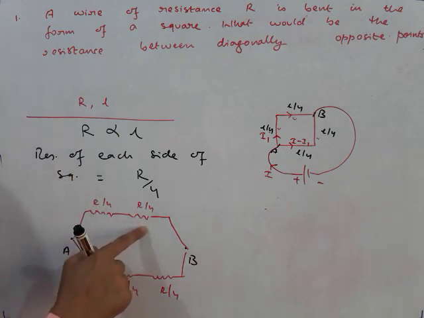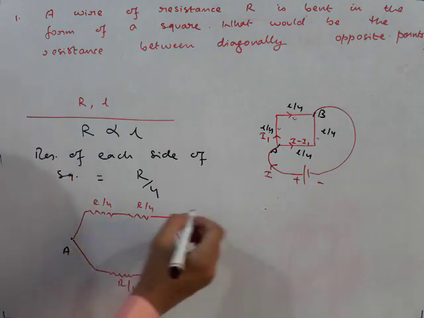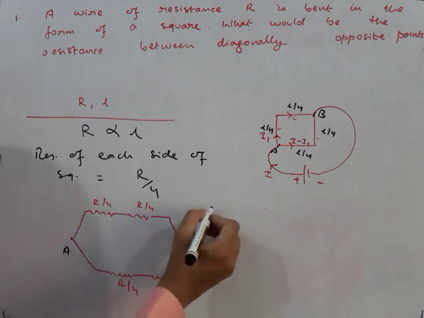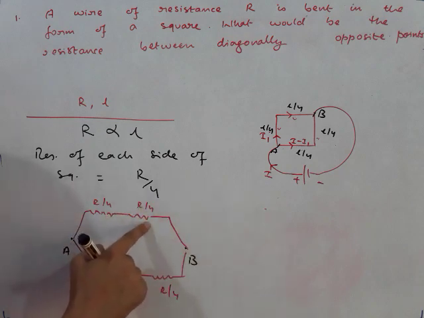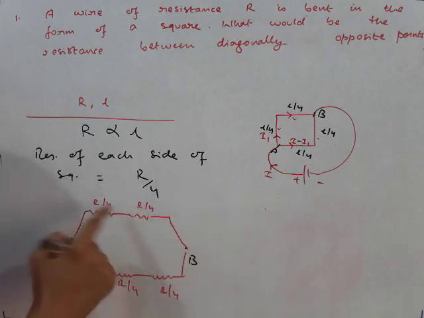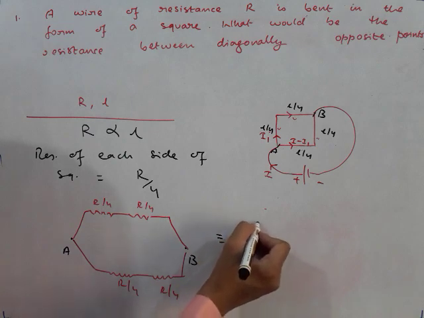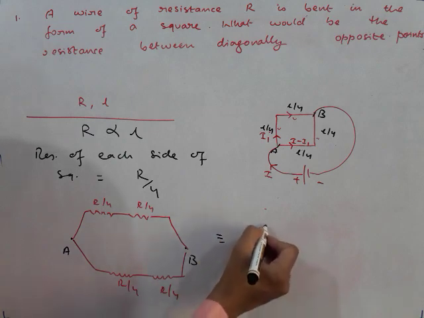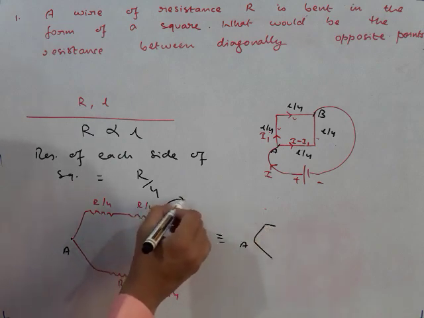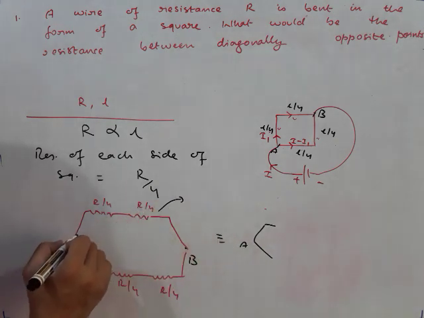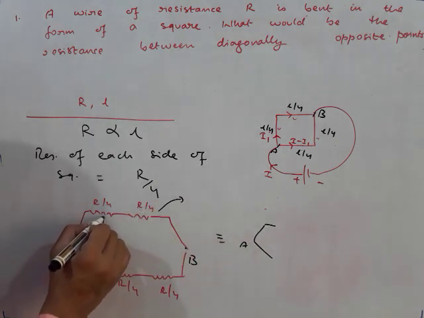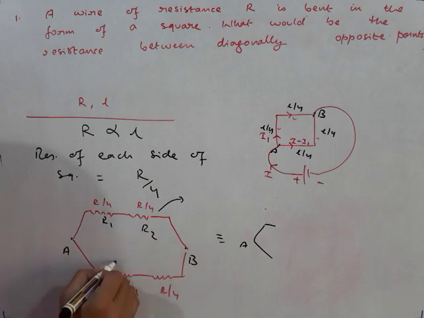R by 4 and R by 4 are in series. So what will be their equivalent resistance? They will simply be added. What is R by 4 plus R by 4? 2R by 4, and 2R by 4 is R by 2. Let me name them R1, R2, R3, R4 for simplicity.